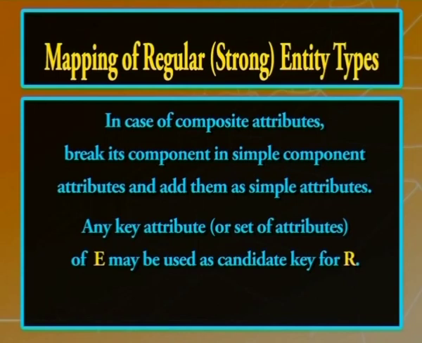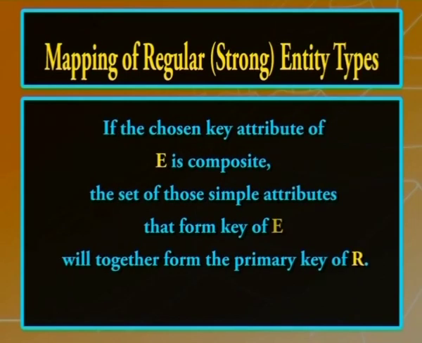Any key attribute or set of attributes of E may be used as candidate key for R. If the chosen key attribute of E is composite, the set of those simple attributes that form key of E will together form the primary key of R.